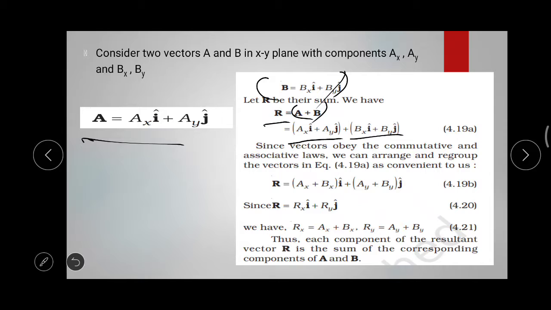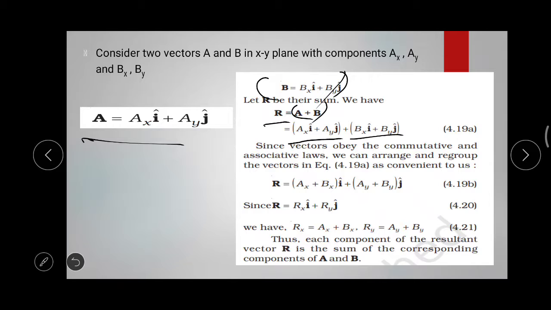Now you know that the vector addition is commutative and as well associative. They are following the commutative law and associative law. So we can rearrange them in such a way: R is equal to Ax plus Bx i cap plus Ay plus By j cap.